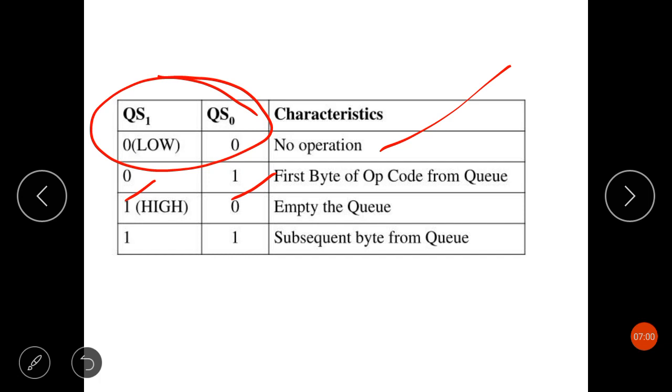If QS1 is 1 and QS0 is 0, it means the instruction queue is empty. If both QS1 and QS0 are 1, it means the subsequent byte of that opcode is being fetched from the instruction queue.